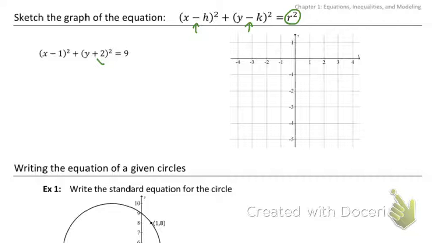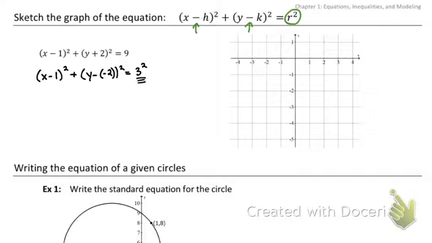Instead, let's rewrite this to match that formula. So rewriting it to match it, we should have subtraction. We'll still stick with that x minus 1 squared, but we're going to turn this one into y minus a negative 2 squared. And we're also going to note that we would need to take the square root of 9, which would turn this into 3 squared.